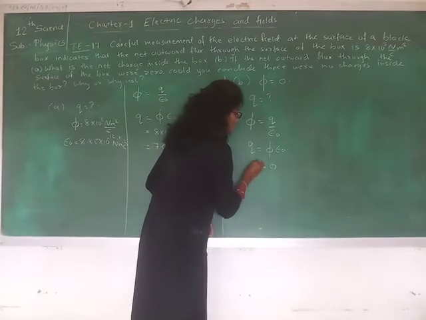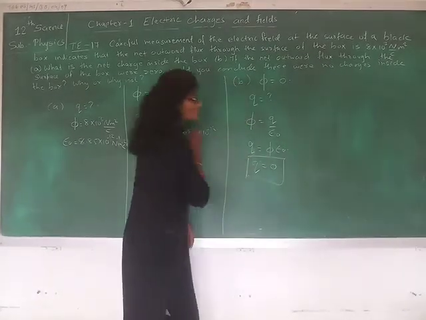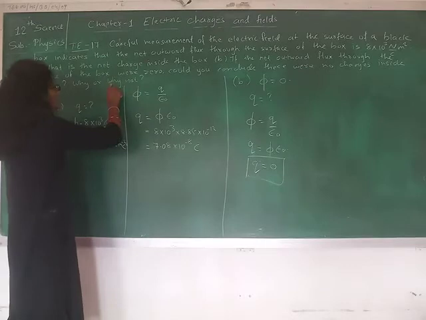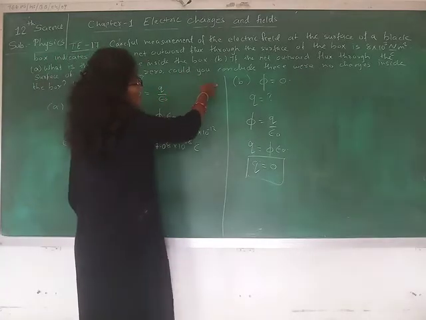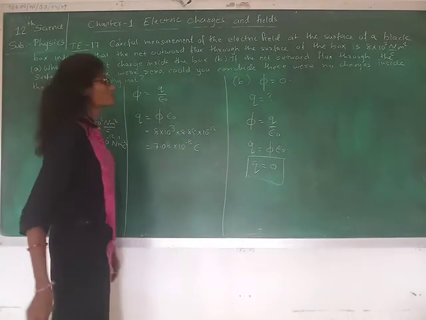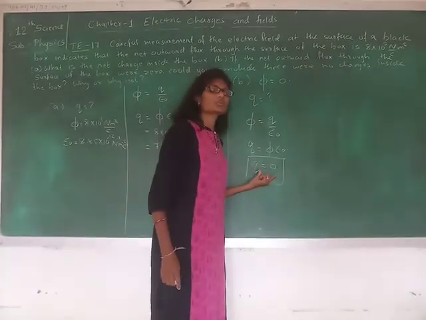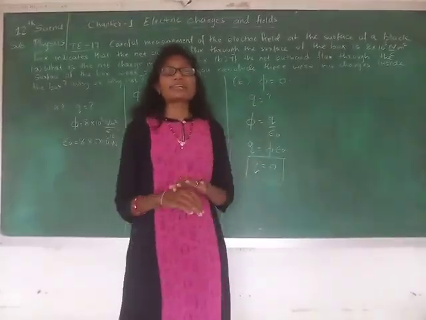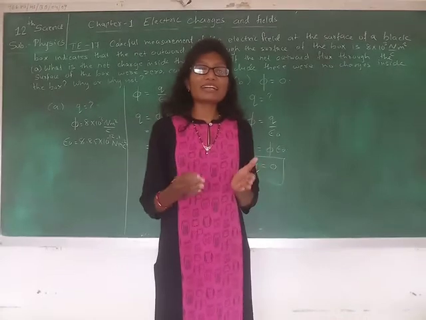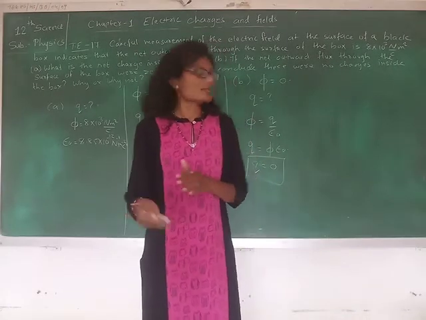So the flux becomes 0, so charge is equal to 0. Here what is given? Could you conclude there were no charges inside the box? Right? Here what is the answer? Q equals 0. That means there is no charge in the box. But this is not the correct answer.